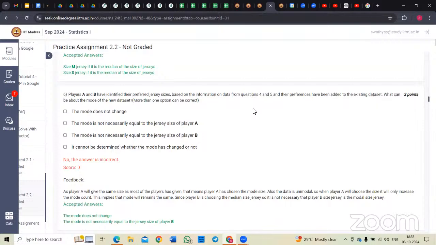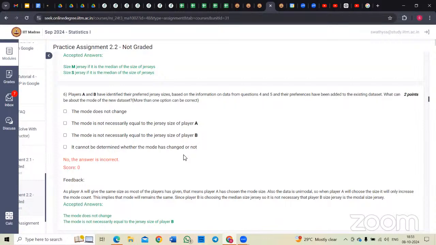It can be equal, so the statement is correct. The fourth option, that it cannot be determined whether the mode has changed or not, is wrong because the mode is not changing. So options A and C are correct.